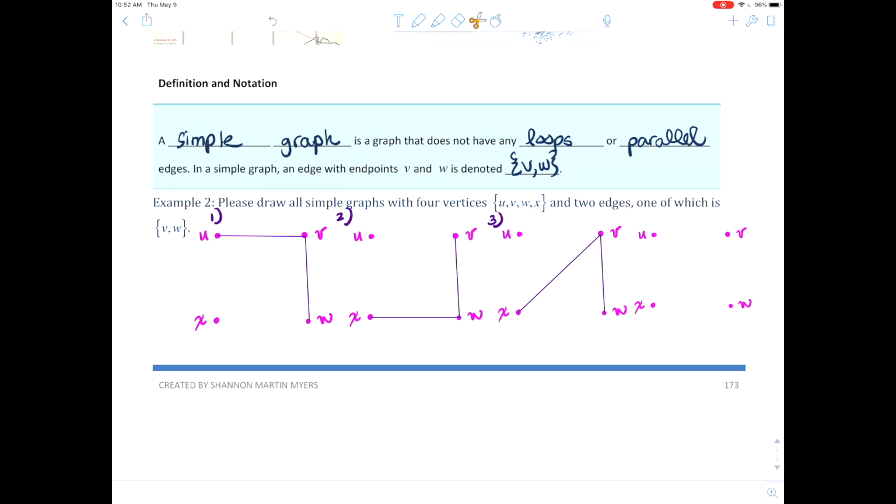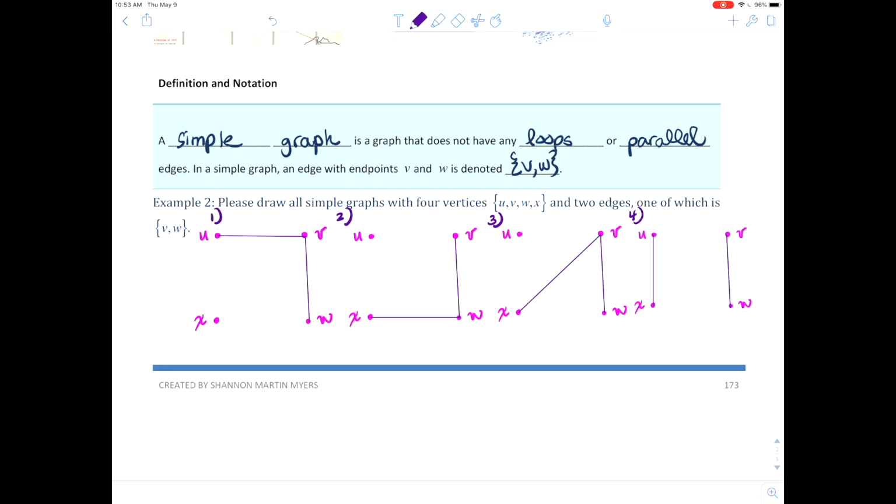The fourth way would be like this. So there are 4 possibilities when we specify that there has to be an edge between V and W.